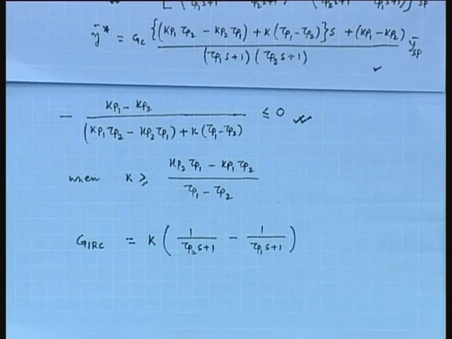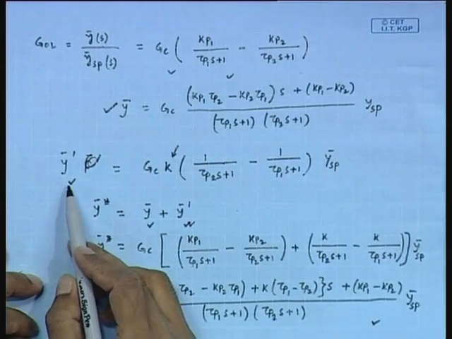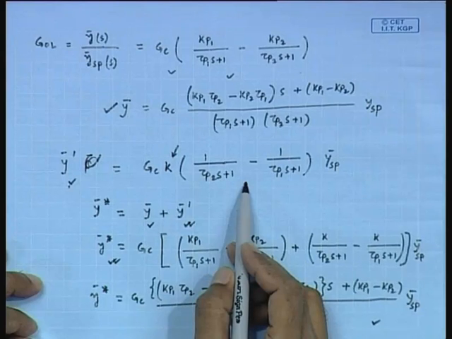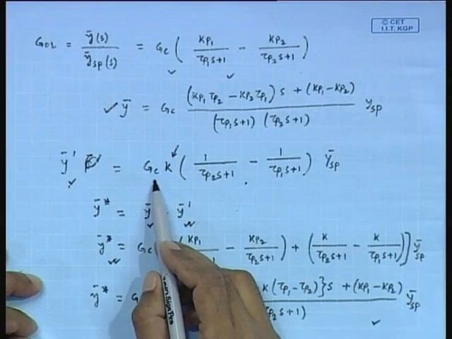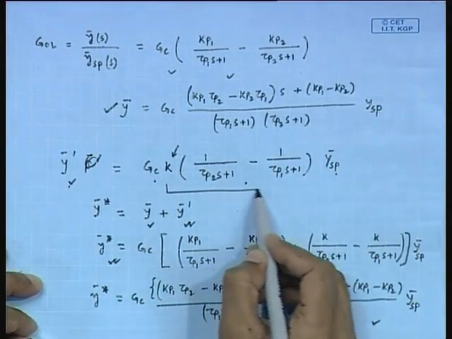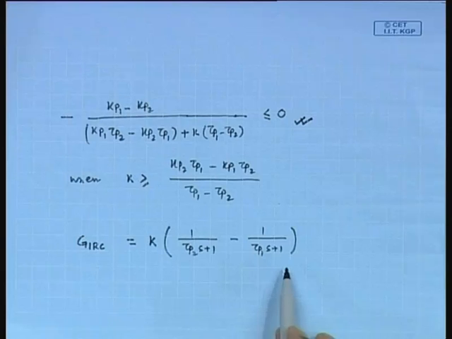Fine. You just see the expression which we considered for y prime. This is the output. Output is inverse response compensator transfer function, then this is the controller transfer function multiplied by set point. So, it is obvious that this is the transfer function for the inverse response compensator, which I have written here.